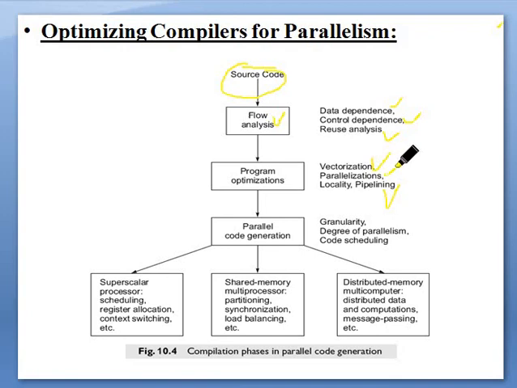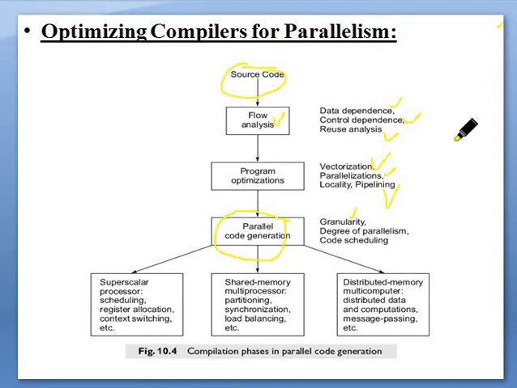Next, once we get an optimized program, we give it to the next stage, code generation, which will execute parallelly. This stage is called parallel code generation. What are the outcomes of this? Granularity.